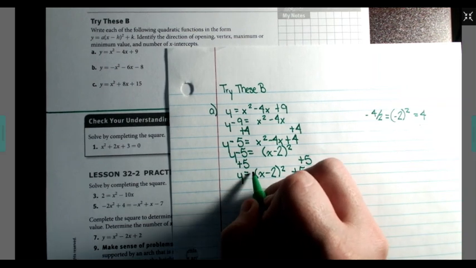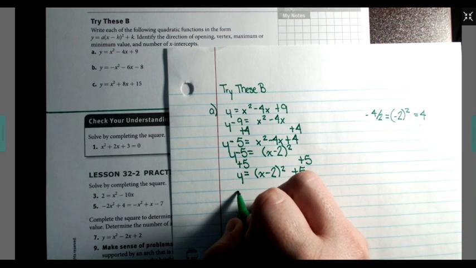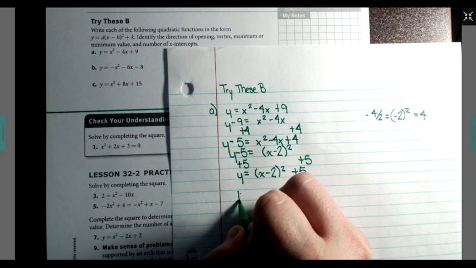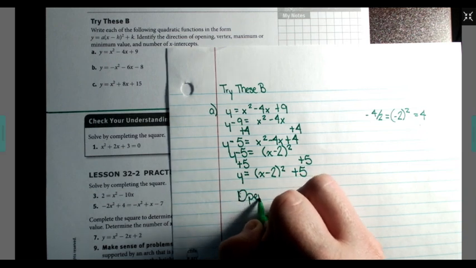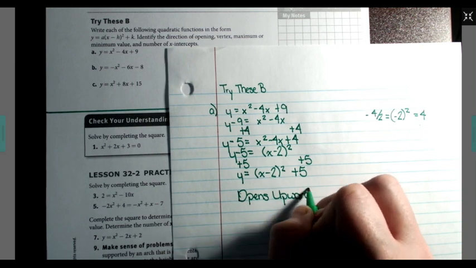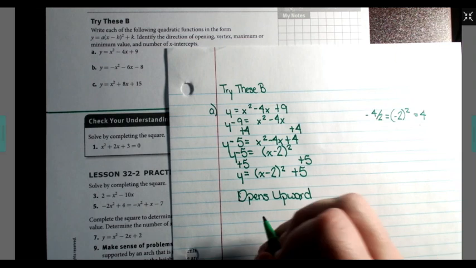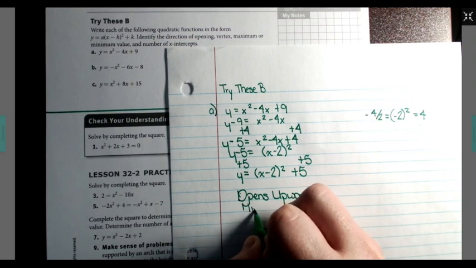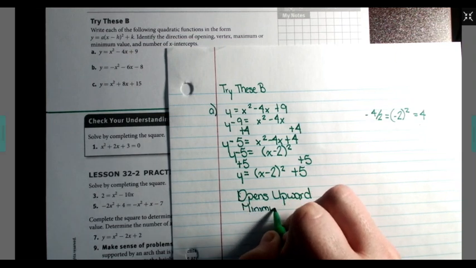So since this is positive, this opens upward. Since it opens upward, that means it has a minimum value. My minimum is at a positive 5.